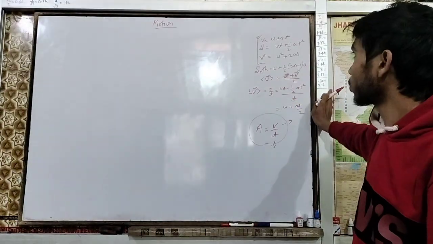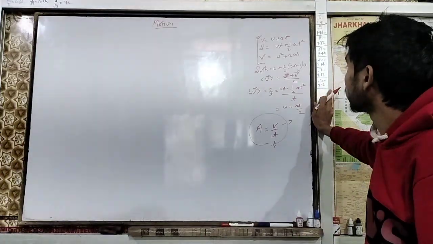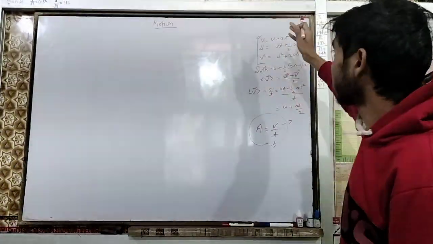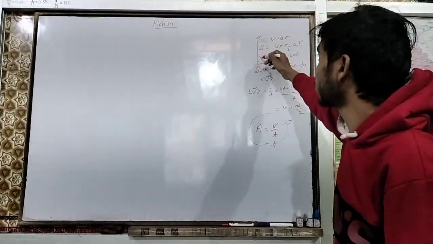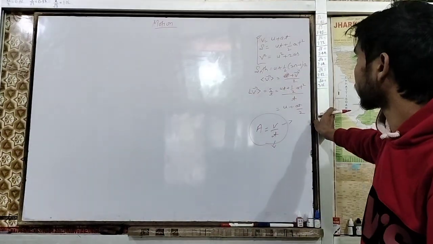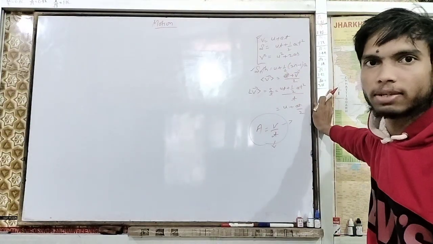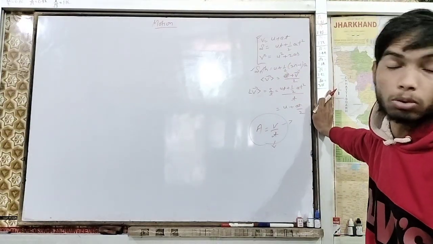Next, if you want to find v raised to power 2, then in that case you can use this third equation. And for this, a little bit different but not too much different, it will help you too much.